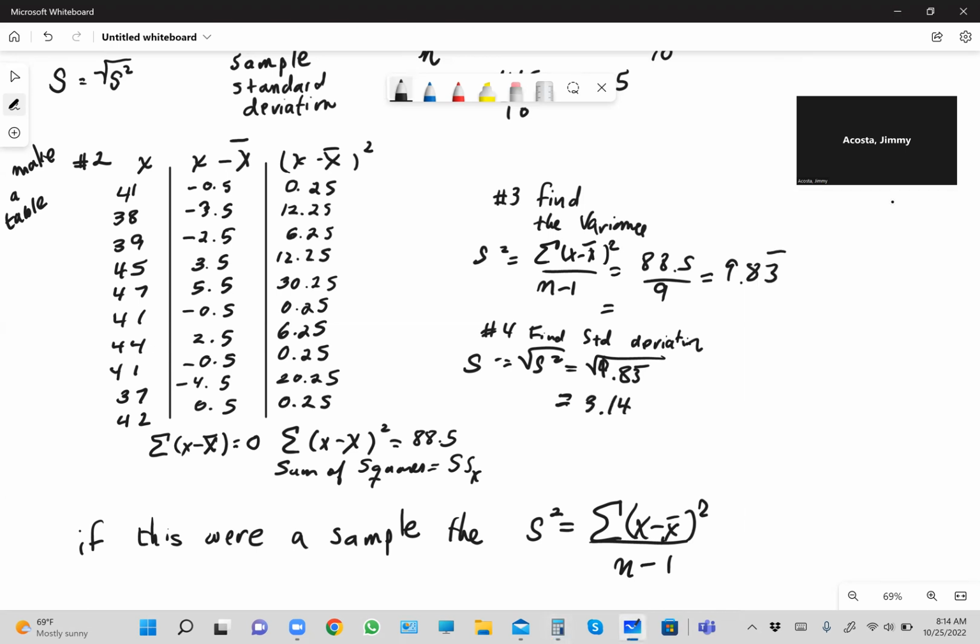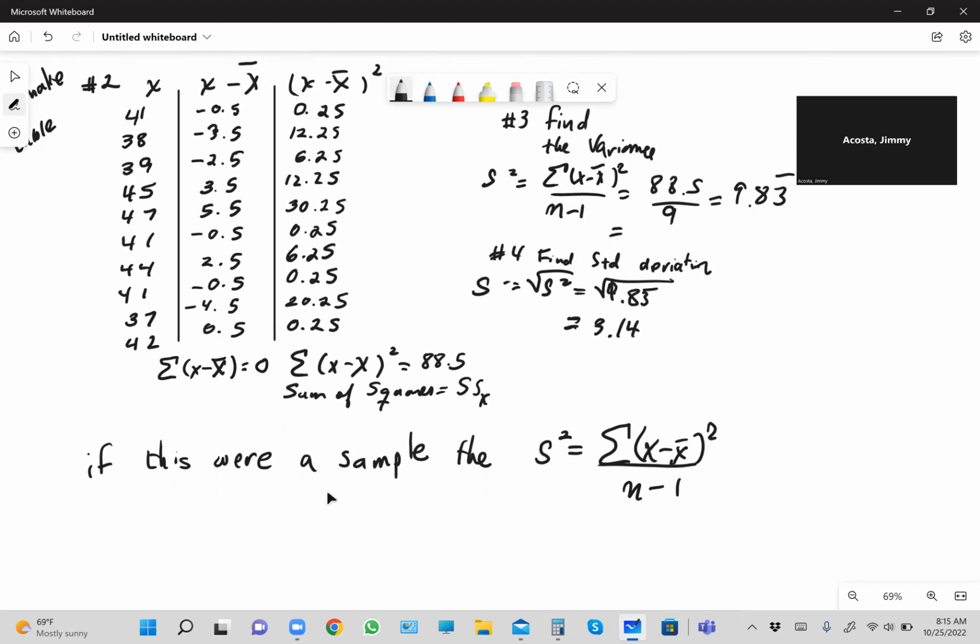Now, what was the answer previously for your standard deviation? If it were a sample, we get slightly different, 3.14, because we had to do n minus 1. The only difference between sample and population is that we divide by 1 less than the total number. Okay, fair enough? Does that make sense?